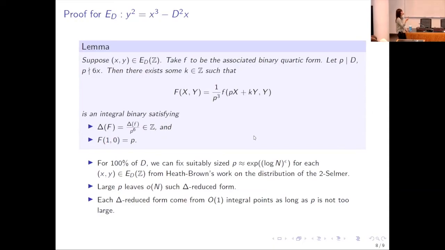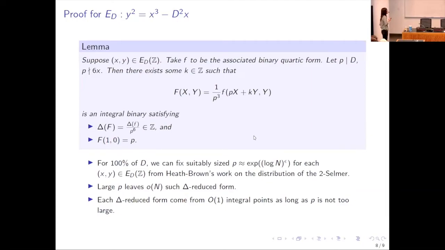So you can map all these points to the two-Selmer group, and the two-Selmer element itself would still have the information about the GCD of x and D. So by taking certain parts of Heath-Brown's argument, I can extract information about the GCD of x and D, and control its size, so that I can pick an auxiliary divisor P to apply this argument.